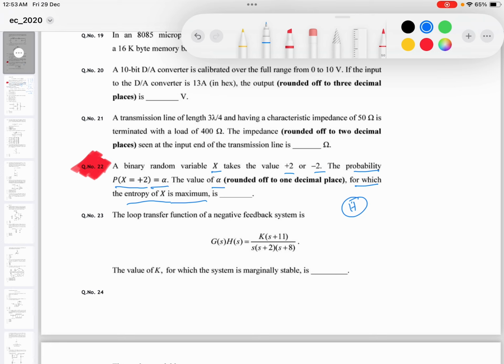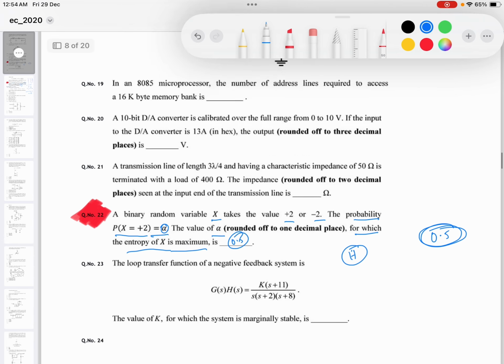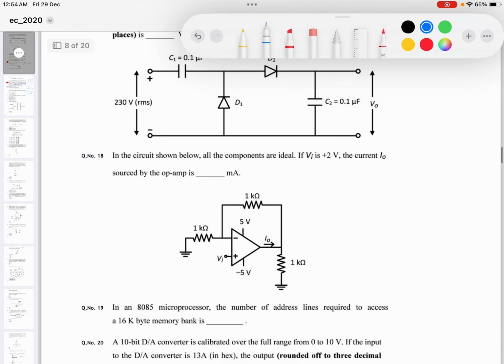So entropy is maximum when information is maximum, and information would be maximum when the probability is half. So that alpha value would be 0.5. So let's not worry about this question, you can skip it.